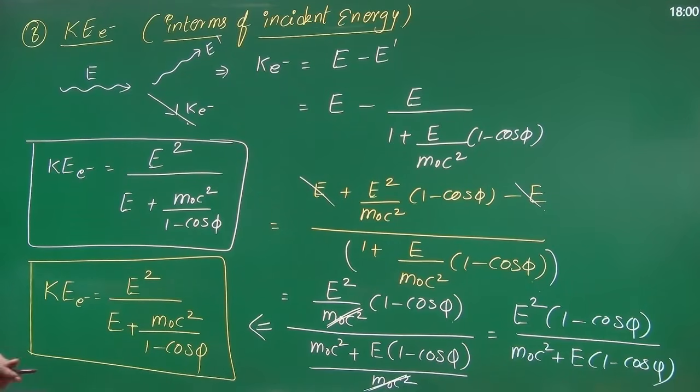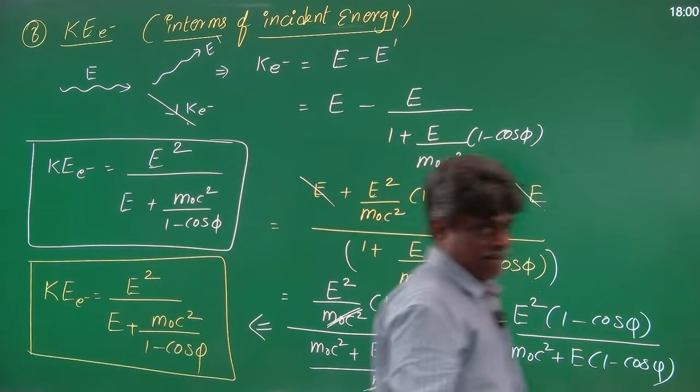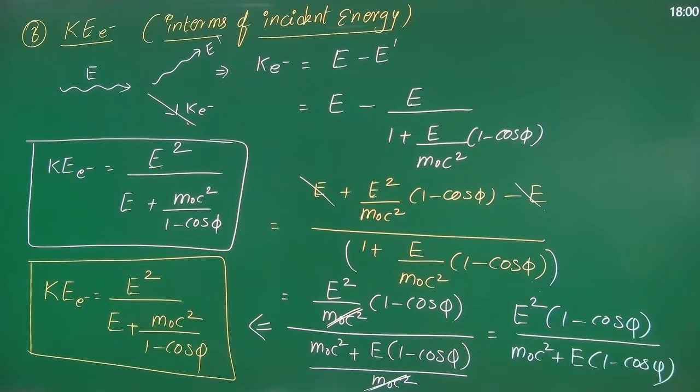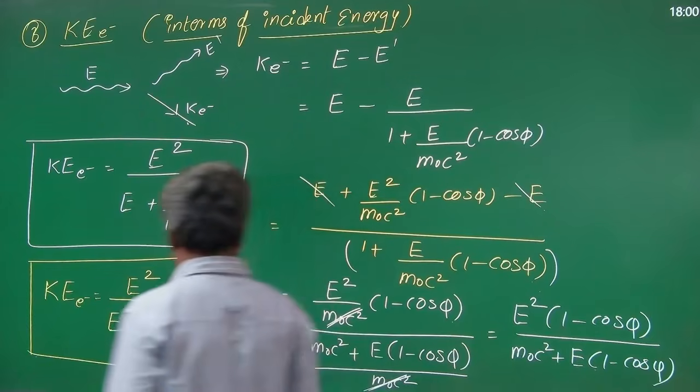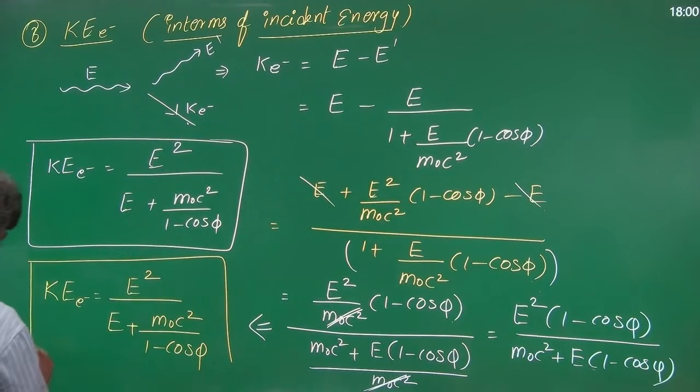Read this expression, kinetic energy of electron. Could you please tell me when this kinetic energy of electron will be 0? The total energy is taken by the scattered photon, that is, phi is equal to 0.